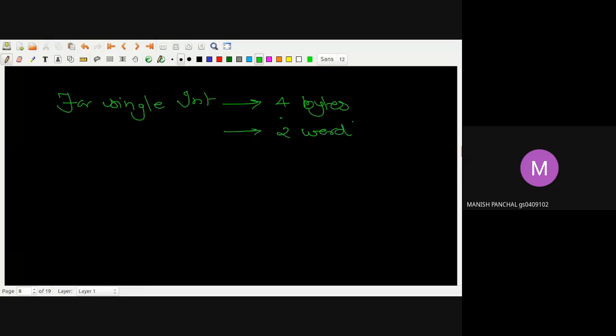Please remember, I will again say that a byte is 8 bits, while one word is equivalent to 16 bits. Please remember. So you can come to the point that the total interrupts in the 8086 microprocessor, if I talk about the software interrupts, is 256.